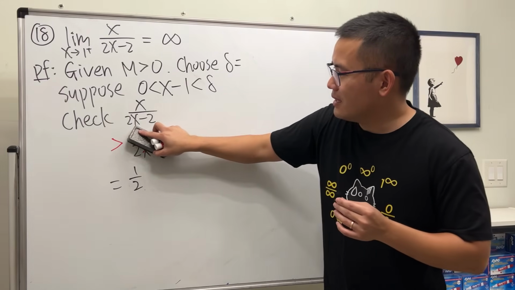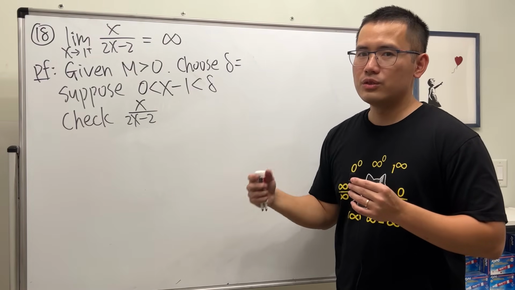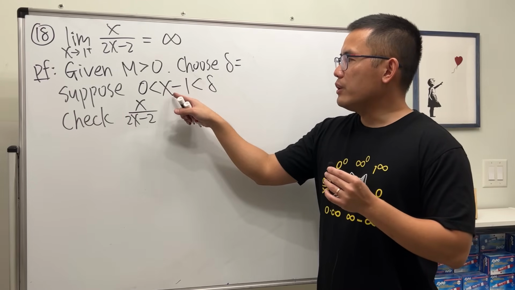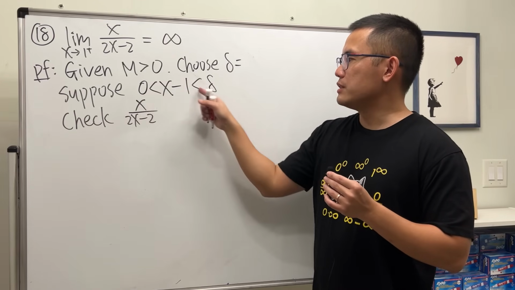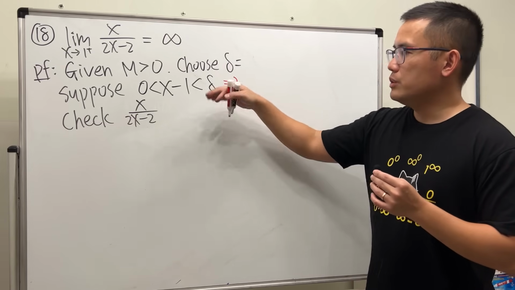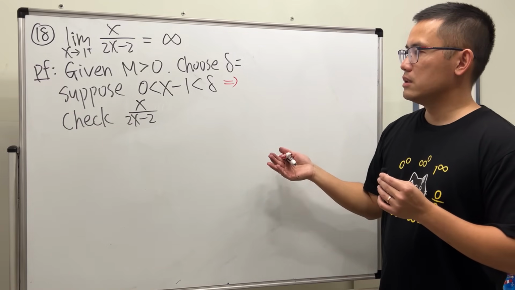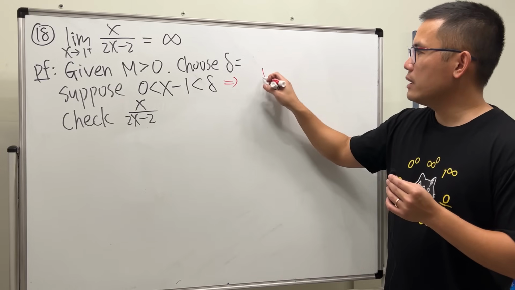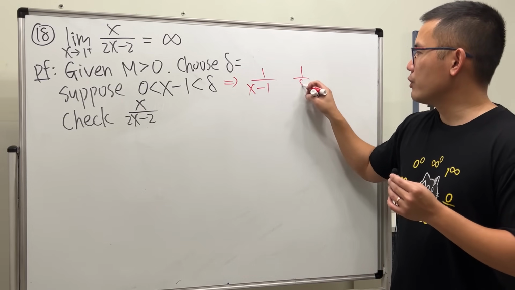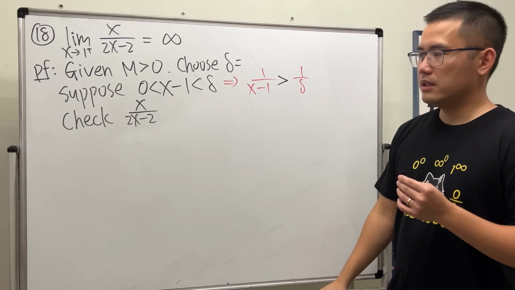And the reason is because this time what we have is x minus 1, this expression. So we make sure we utilize that. Check this out. We know x minus 1 is positive and it's in between 0 and delta. So right here, can we just take the reciprocal on both sides? 1 over x minus 1 compared with 1 over delta, flip the inequality, that would be bigger. Yeah?